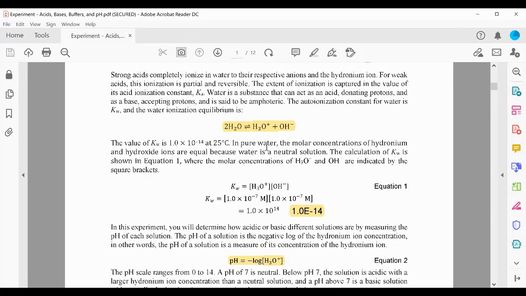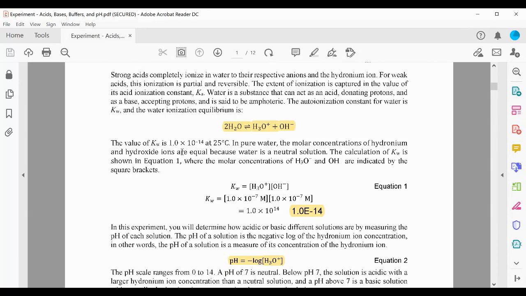When we learned that, we also learned that we don't include liquids or solids in the equilibrium constant. So that's why the water is not included. So the equilibrium constant for water is the ion product constant for water, which is Kw. I want to make sure this is basic, but you know these concepts.